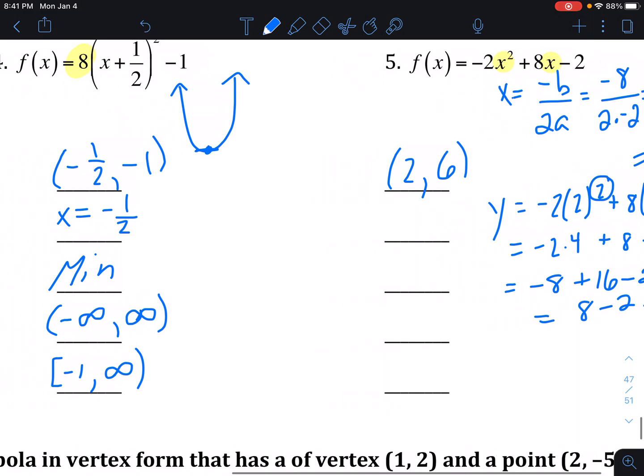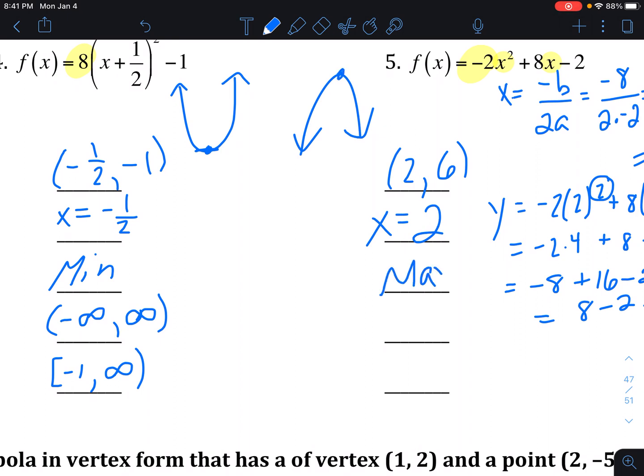Next up is the AOS. So x equals the x coordinate of the vertex, which is 2 on the line above. The minimum or maximum, look back here at the a. The a is a negative. So that means this guy would open down. So the vertex would be at the top, at the max. The domain is left to right, negative infinity to infinity.